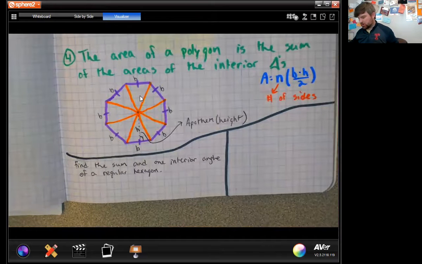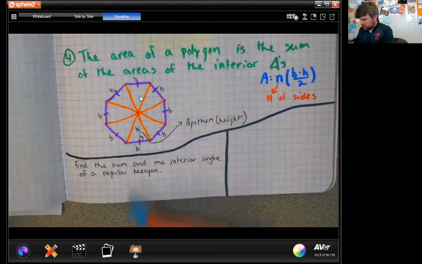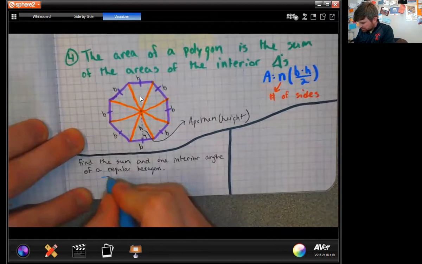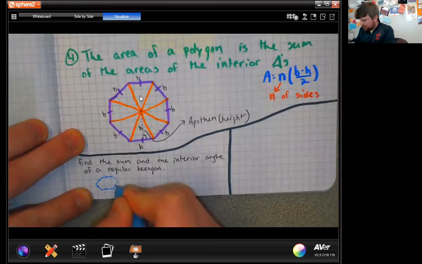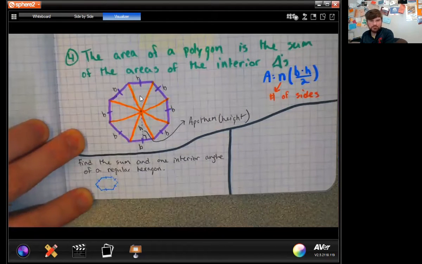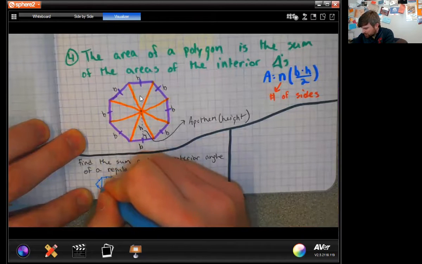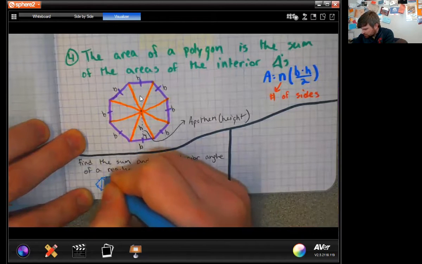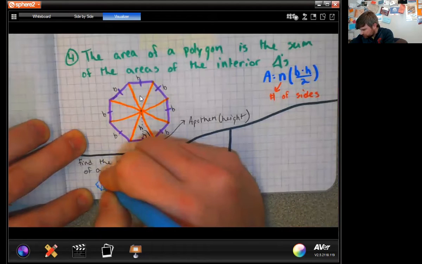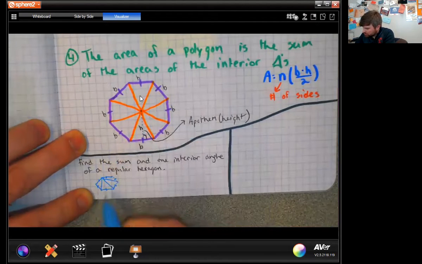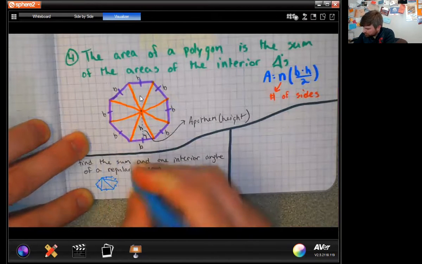Now, if you don't know, a hexagon has 6 sides. Okay, so we can kind of draw this 6-sided shape here. And it is regular, so we know all the sides are the same and all the angles are the same. Okay, so to find the interior angles, I can split this thing up into triangles. Okay, I have 1, 2, 3, 4 triangles.